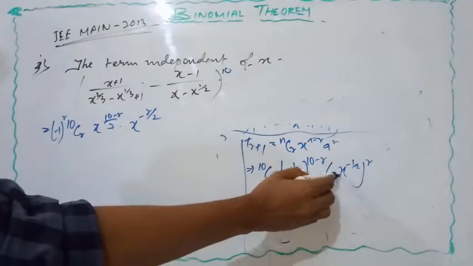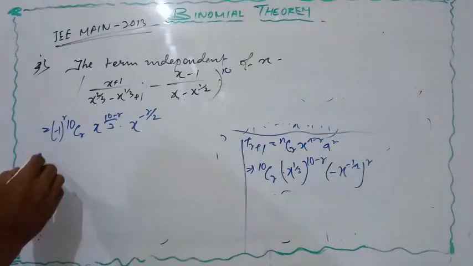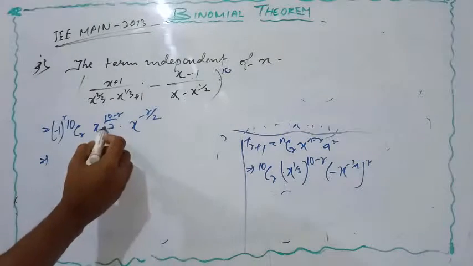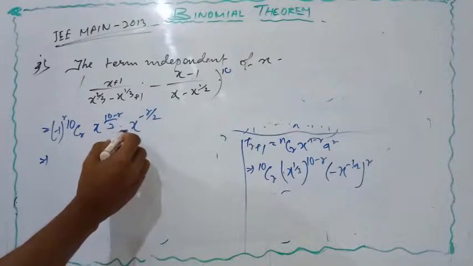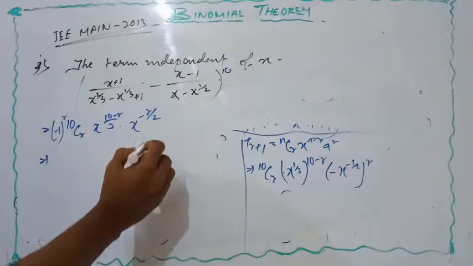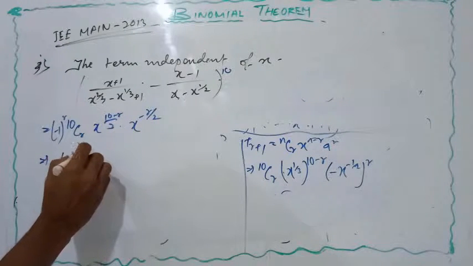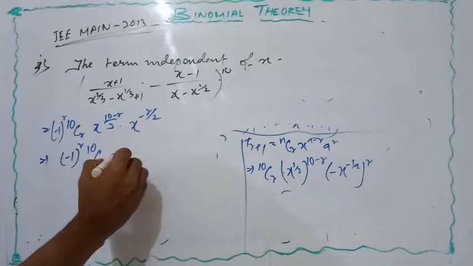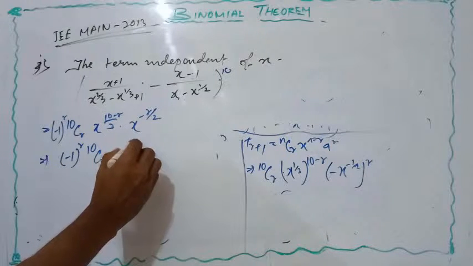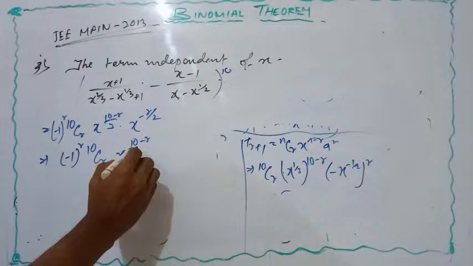This minus I have taken common. So that is x to the power (10 minus r) by 3 into x to the power minus r by 2, with minus 1 whole to the power r and 10Cr.